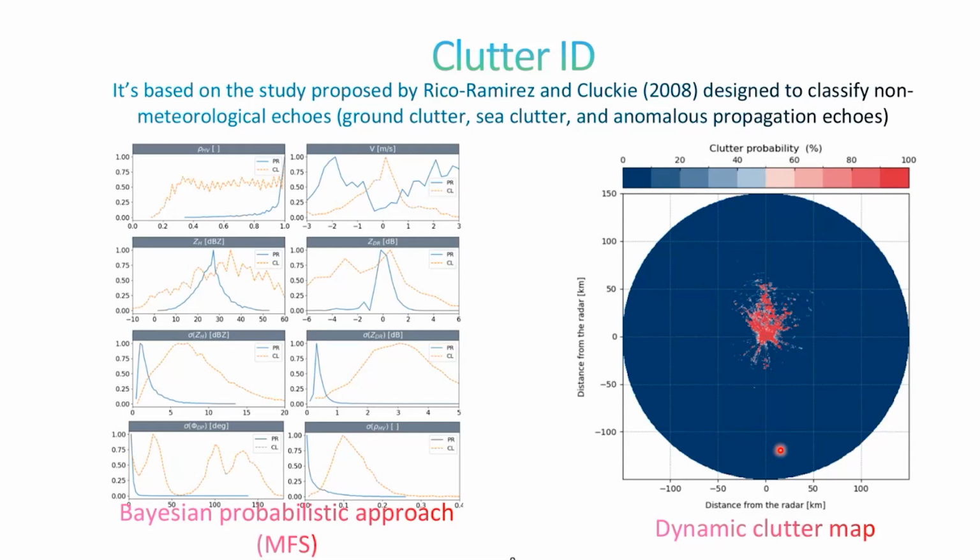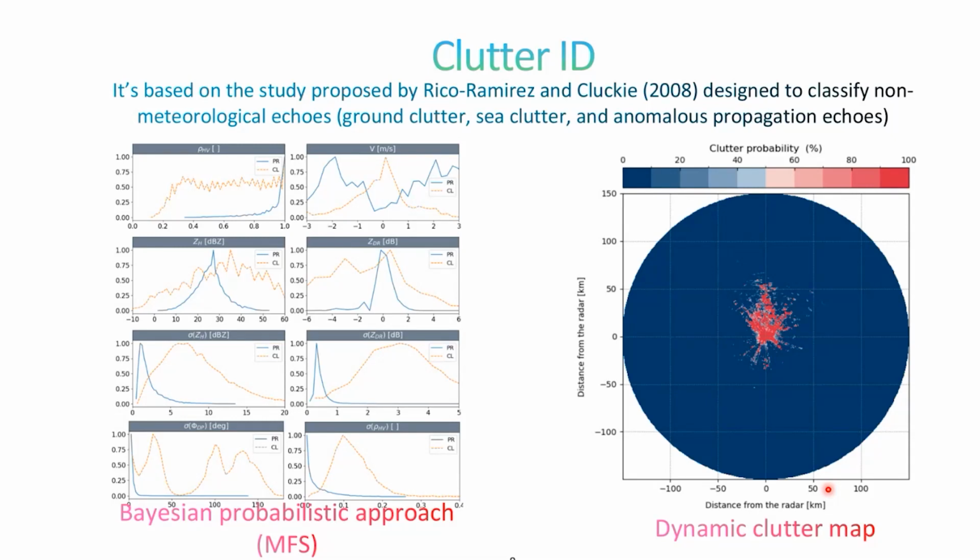So in this case, the challenges were to create these empirical probability density functions, but also these clutter maps that are built using dry day scans, so days with no rain at all.